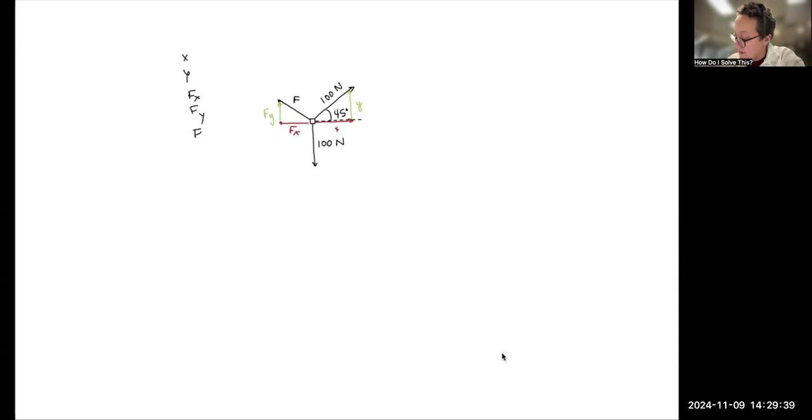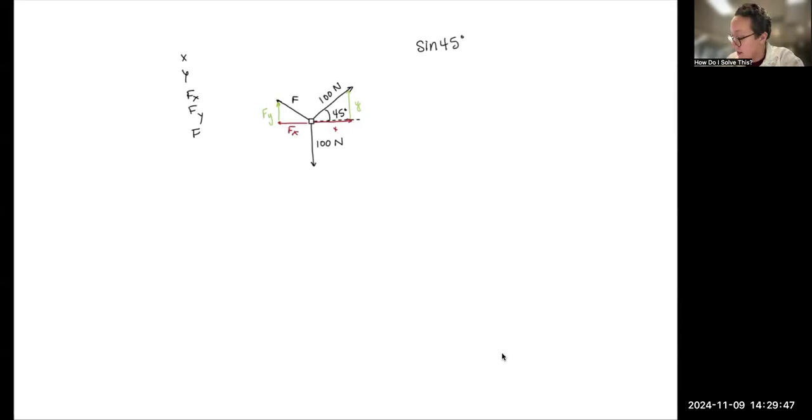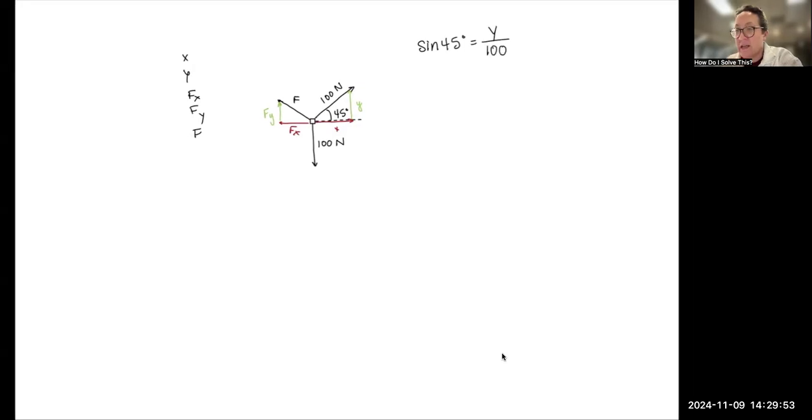So if we think about the sine of 45 degrees, it's going to be opposite over hypotenuse. Opposite is y, hypotenuse is 100. And we will get y equals 100 times the sine of 45 degrees. And so when we type that into our calculator, we will end up with 70.7.